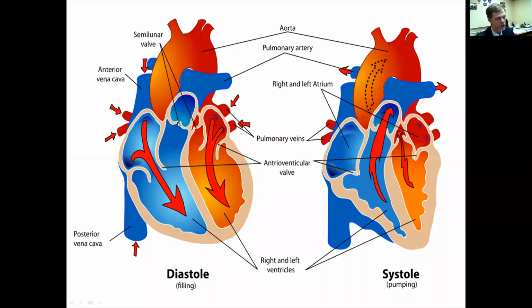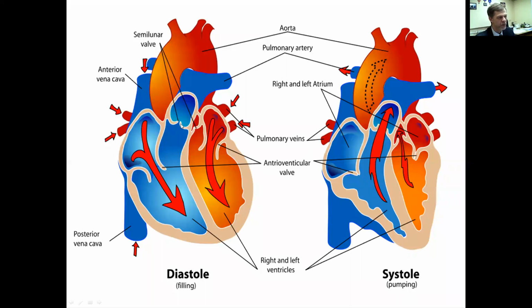What happens with the semilunar valves, aortic and pulmonary? Closed. Again, valves let blood flow only one way. For example, AV valves let blood flow only from atriums to ventricles, but if blood tries to go retrogradely, to return back, the valves immediately close.